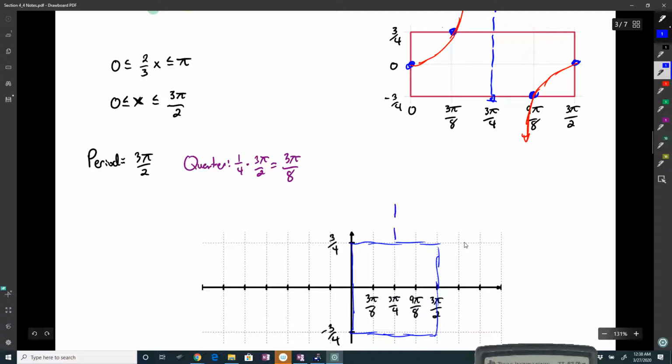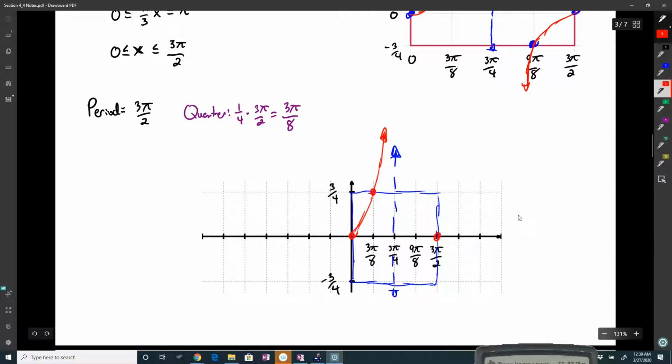And so I know that there's an asymptote down the middle. All right. And then from there, I can just recreate the pattern.